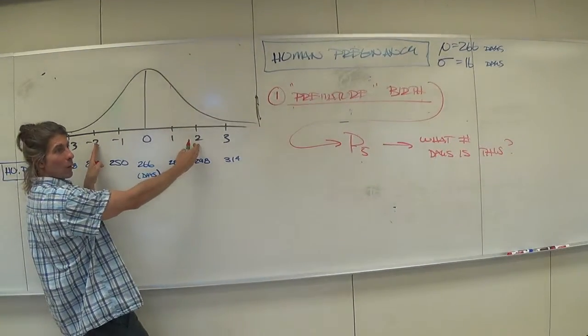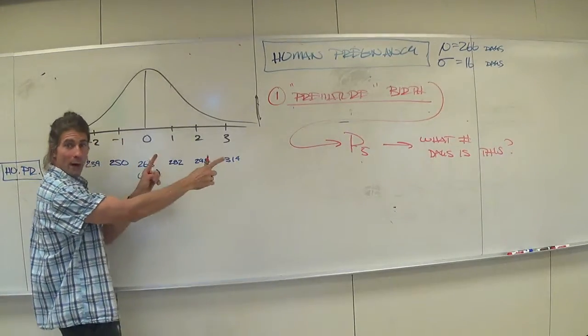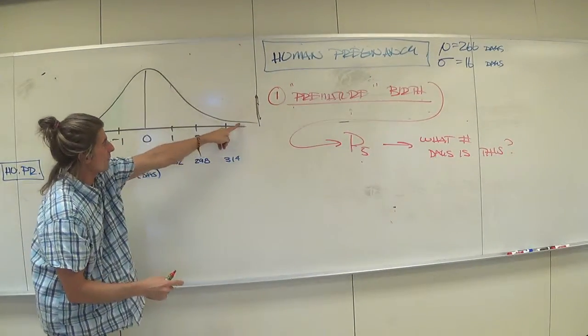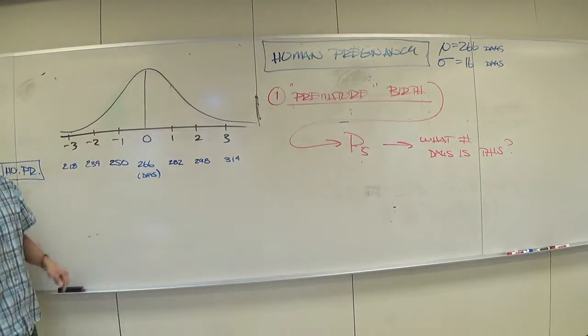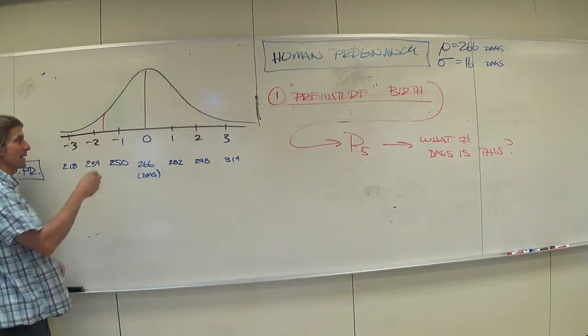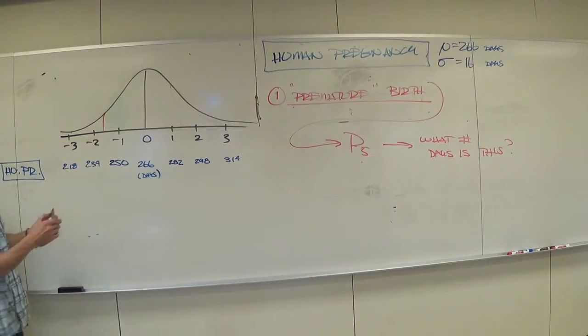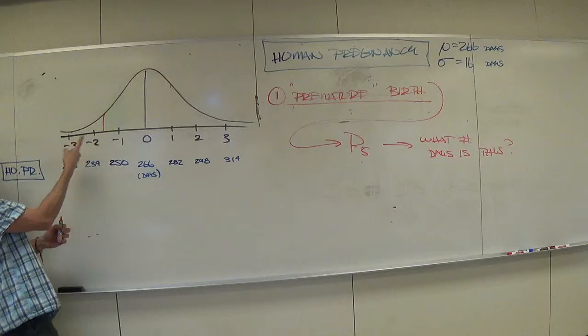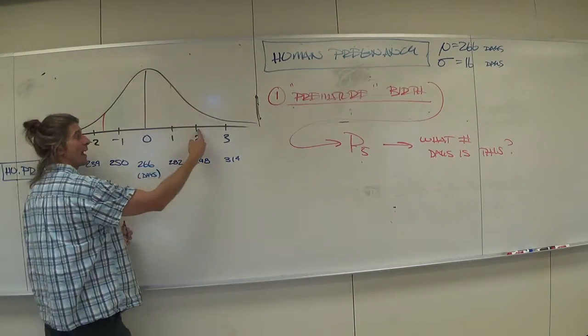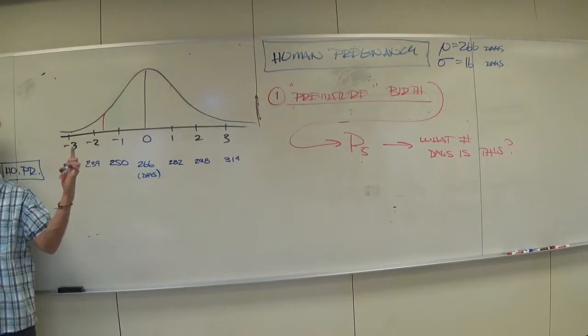But the trick is we need 95% to be all the way to the right. So we need 50% to be here and then 45% to be here. You'll see this when you graph it, it actually ends up being somewhere about here. Because if you cut it off here, there's actually 2.5% to the left of -2, because there's 2.5% to the right of +2 because we're the 95 center.